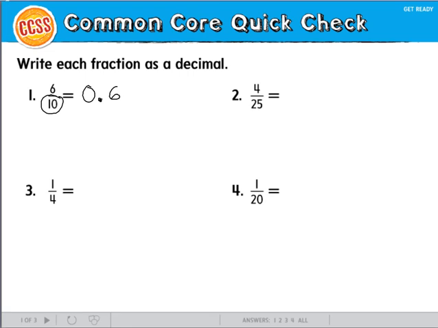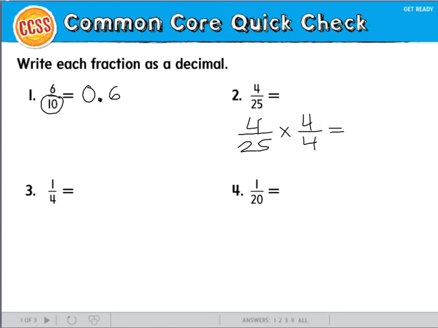So, 25ths is not a place value. So we want to look, what can we turn 25 into that has a place value? Can we turn it into 10? No. So what's the next place value to the right of the tenths? Hundredths. Can we turn 25 into 100? Yes, we can. What do we need to multiply it by? 4. So we're going to take 4 25ths, multiply that by 4 over 4.